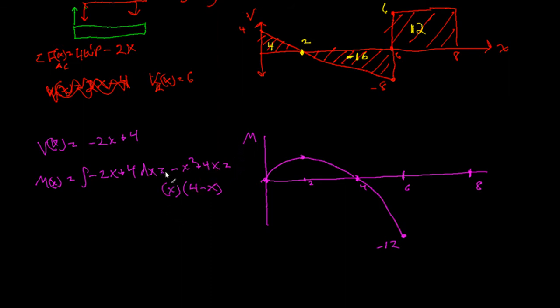And we punch 2 in here, we get negative 4 plus 8, so this is 4. And from here, this 6, this is at point C.